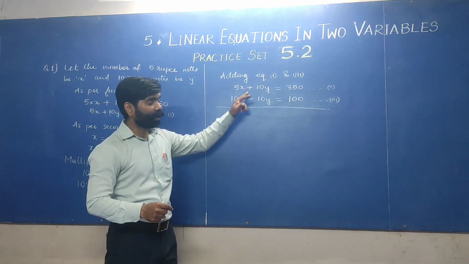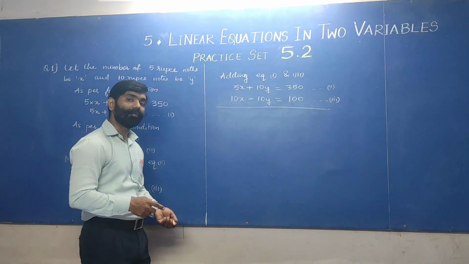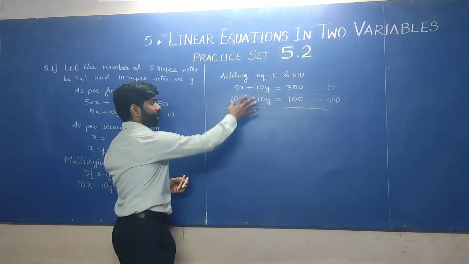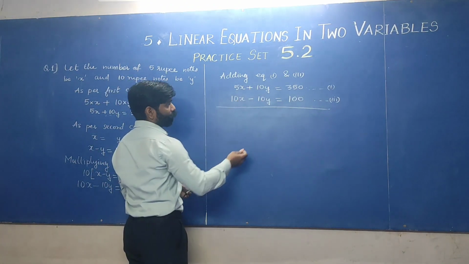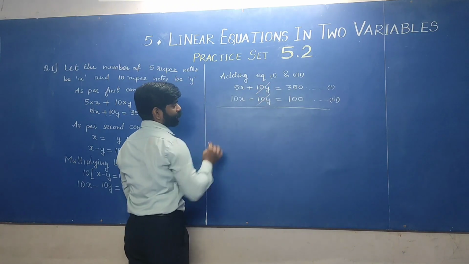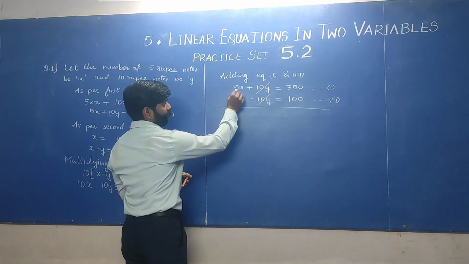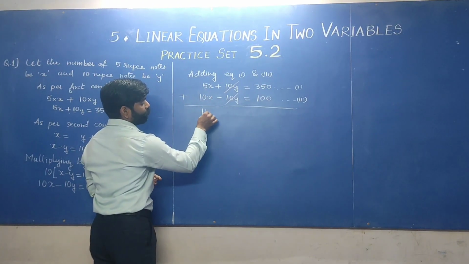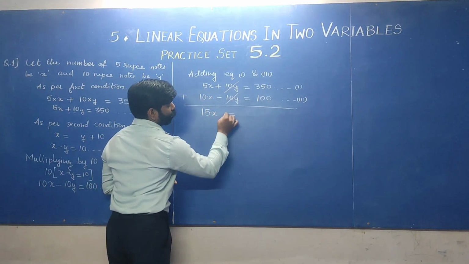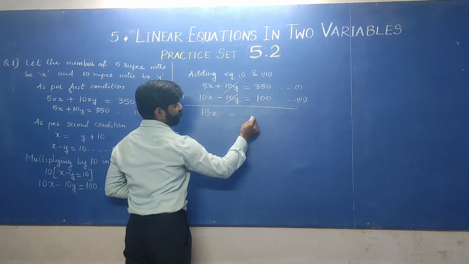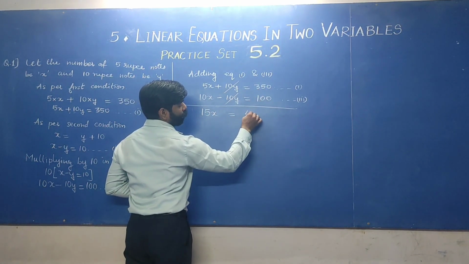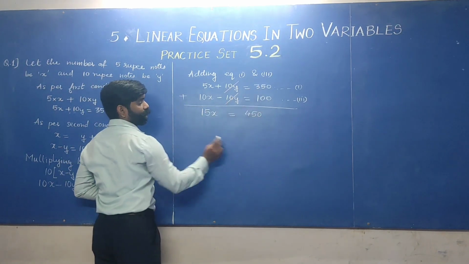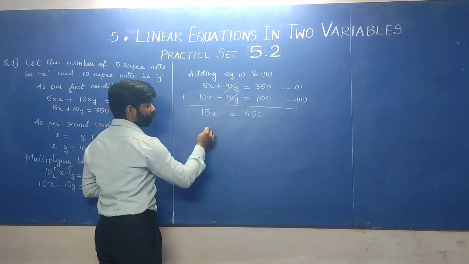If we have different signs, we need to add. If we have the same sign, we have to subtract. So here we have different signs, so plus 10Y and minus 10Y are going to cancel. I will get 5X plus 10X, adding, so 5 plus 10 is 15X is equal to 100 plus 350, which will give you 450.